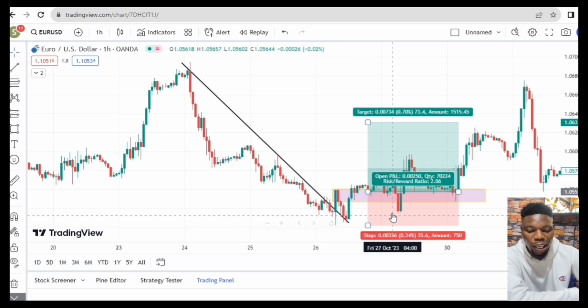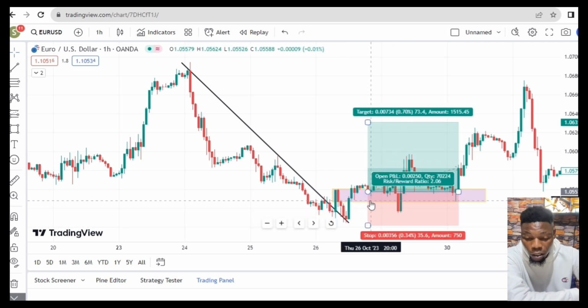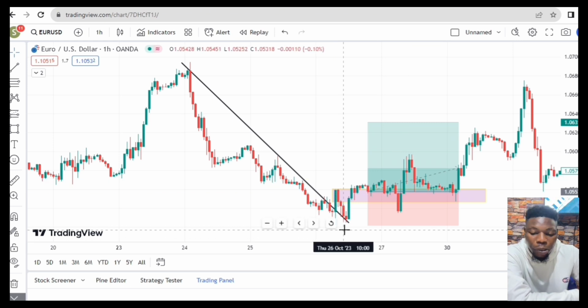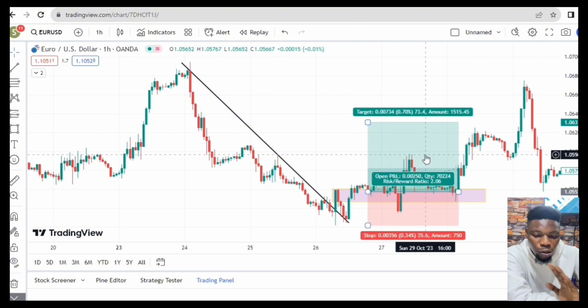They might not be smart enough, so that's why they took some people out. That's why I advise us to put our stop loss on the last low to avoid being stopped out. You see, the trade came out and we won beautifully, 1:2.